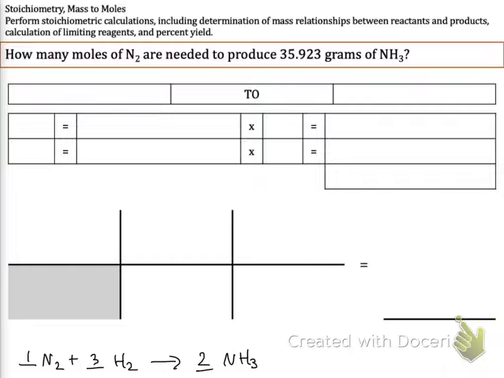Some of your problems are going to start with grams and ask you to solve for moles. So in this example, how many moles of nitrogen are needed to produce 35.923 grams of NH3? So the 35.923, that's my given, and I'm asking you to solve for moles of nitrogen.